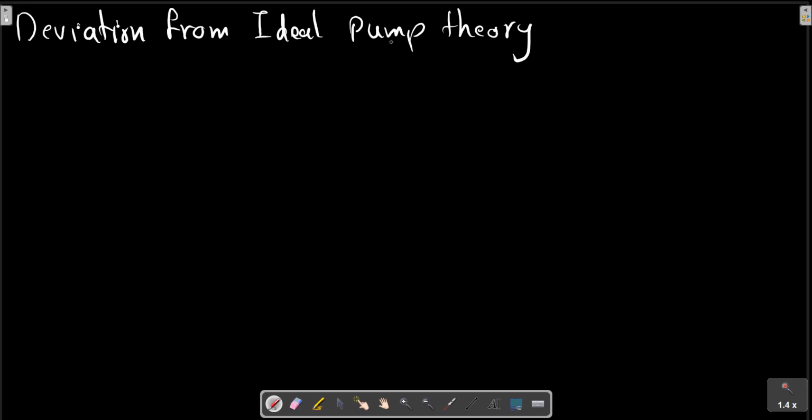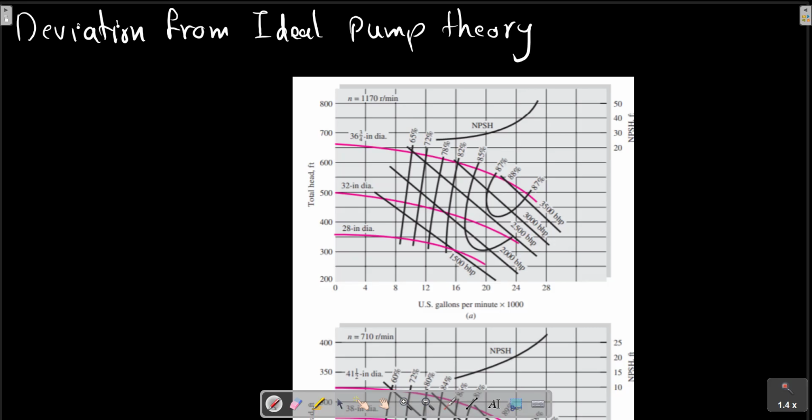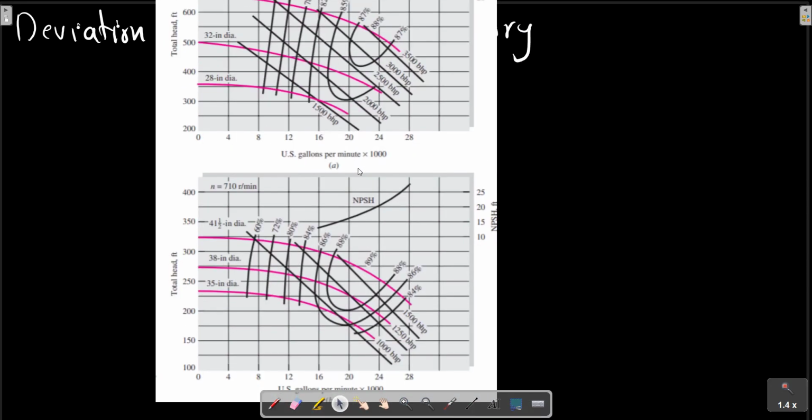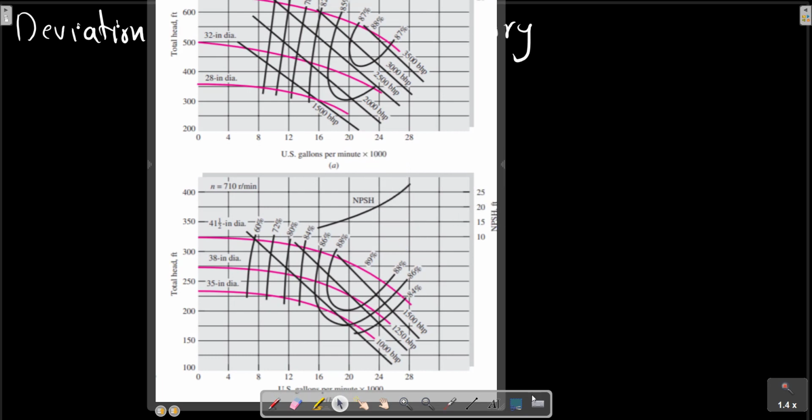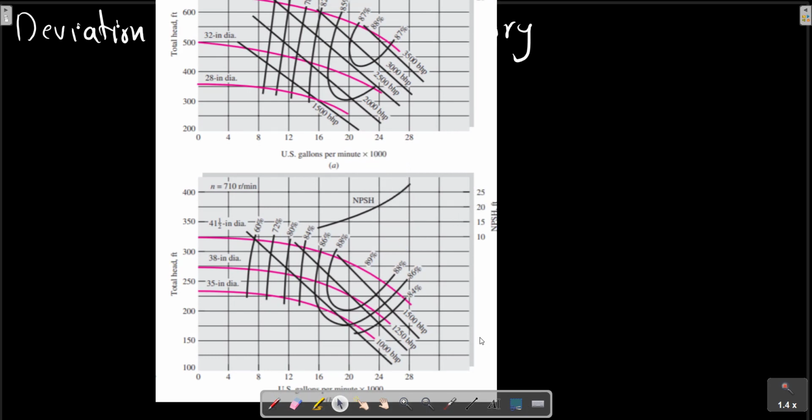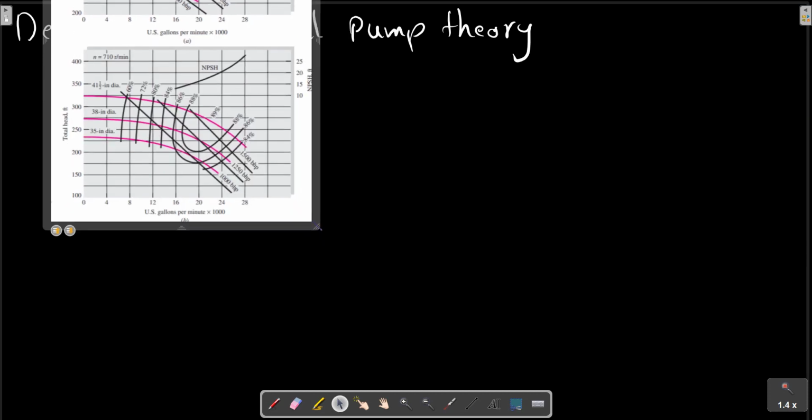Take for example, consider this picture again for a description.